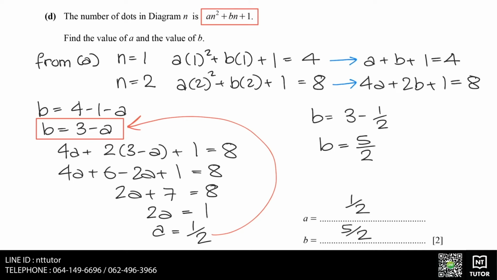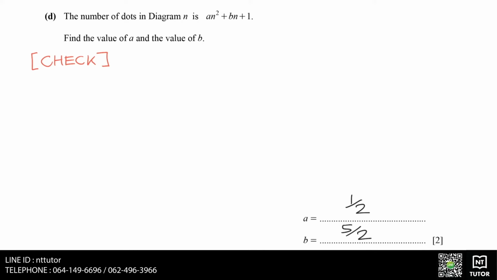Because the answer is a fraction, some of you might think that you made something wrong or made a silly mistake. But there's a way that you can check whether your answers are correct or not by substituting a and b back into the expression an squared plus bn plus 1 and checking whether it works or not.